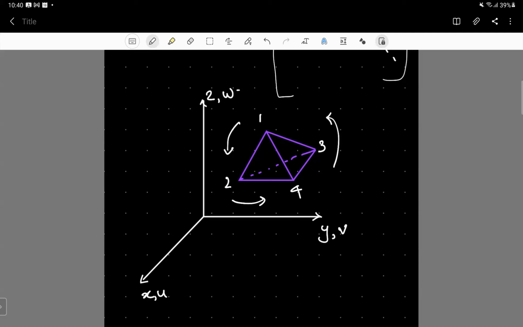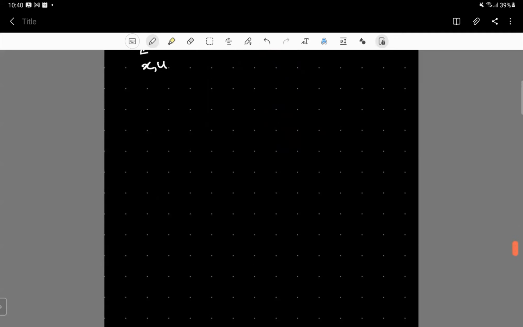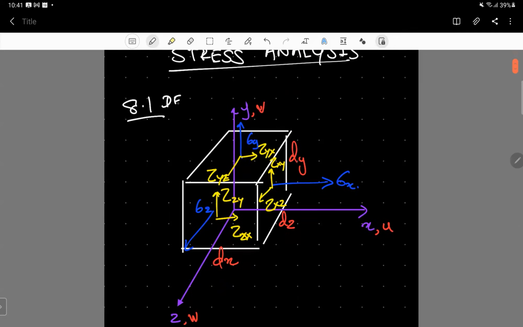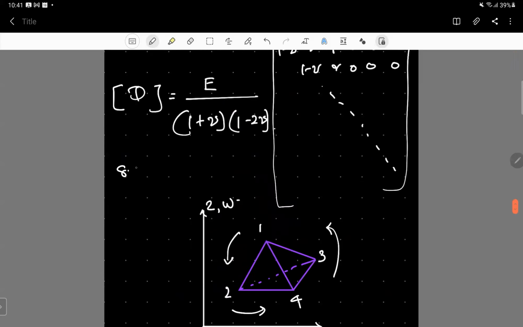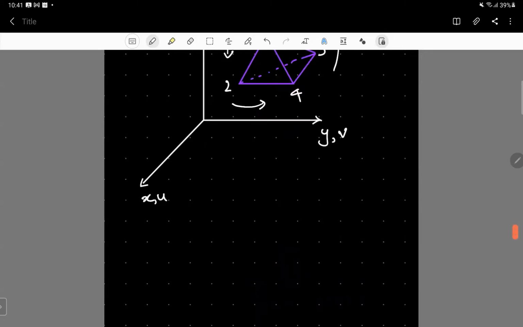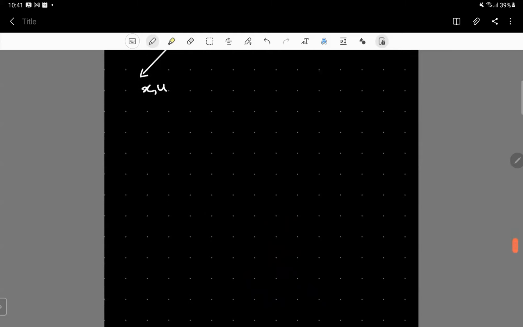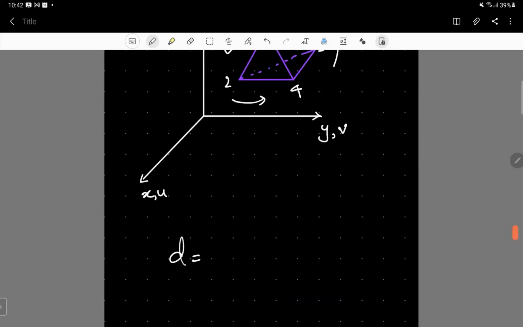Right. Once we are done with the numbering, then we know we have to define the displacement matrix. In this 8.2 section, let's write the displacement nodes which we have to deal with.